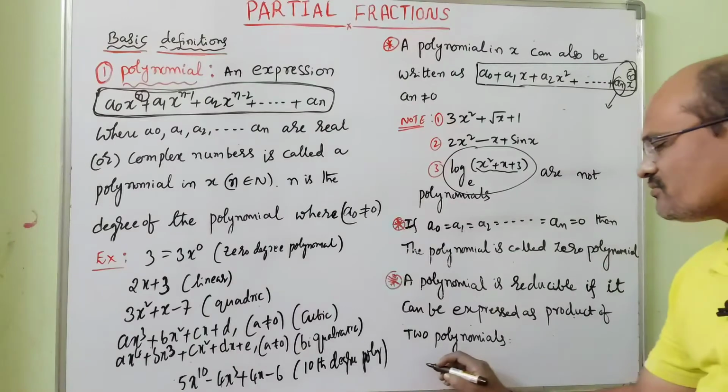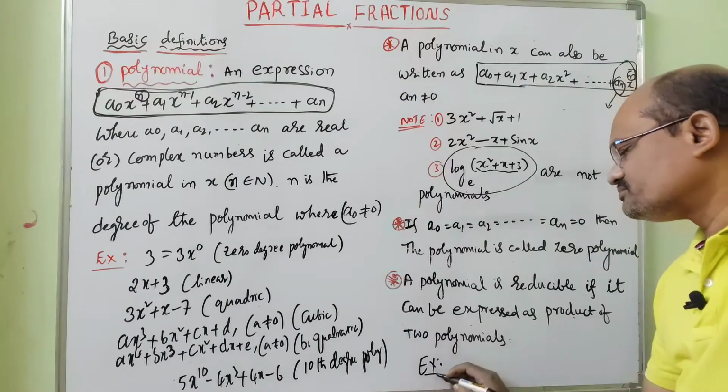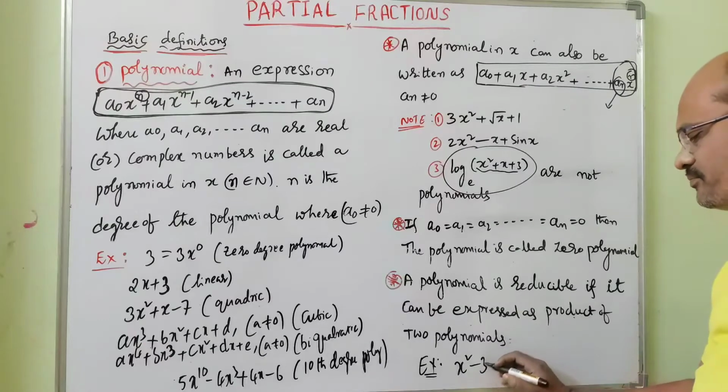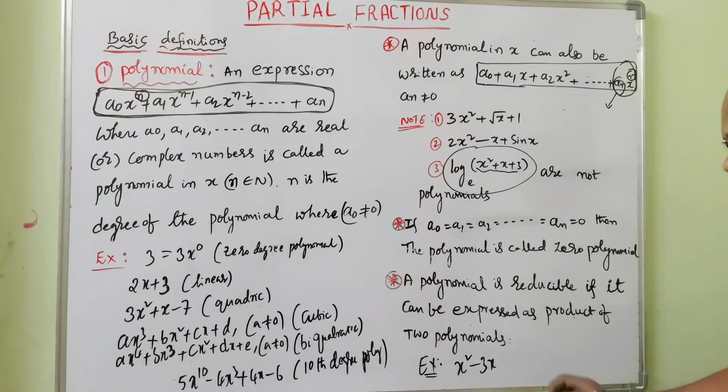For example, observe, take a quadratic, say x square minus 3x plus 2. This can be factorized and you will get x minus 1 into x minus 2.